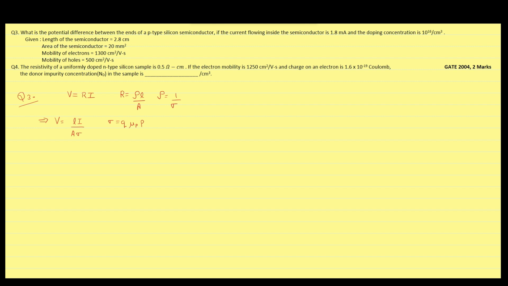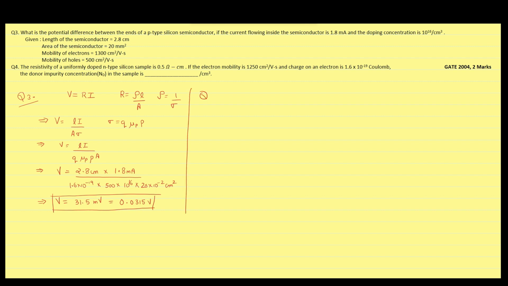This will give potential difference equal to this. Now we have to simply put the value of different parameters. After calculating the expression, potential difference will come out to be 31.5 millivolt, or in other words 0.0315 volt.